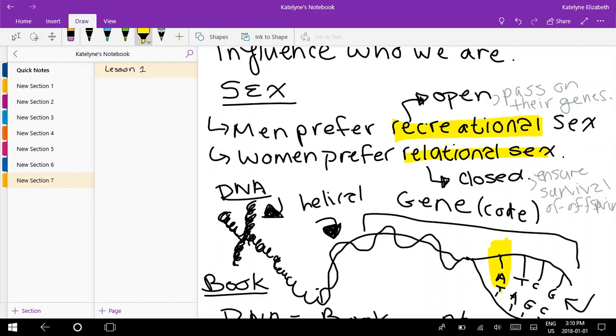So, now the question is, if we used a book as an analogy, I want you to match the features of a book to our DNA. It sounds confusing, but please let me explain. So let's say we had to match: what would be considered the book on the DNA?